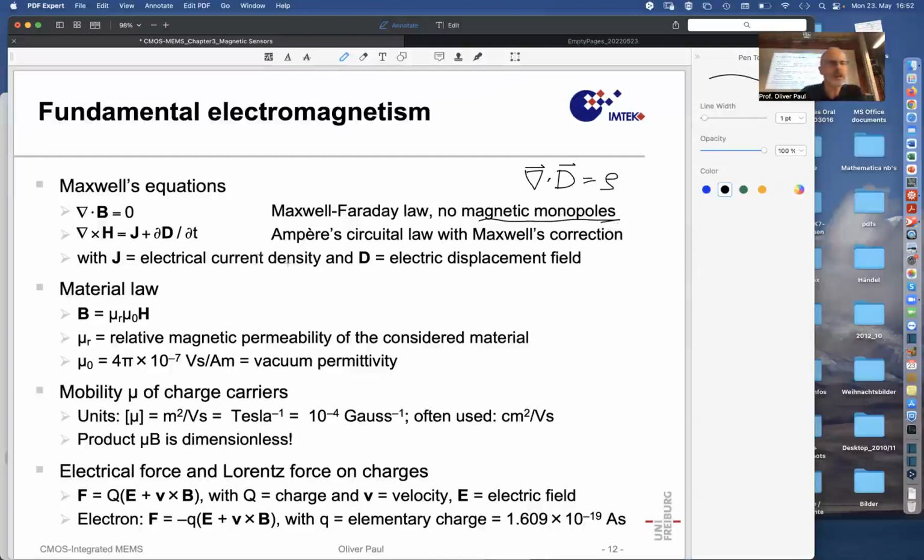And then this H has the property that its rotation is equal to the current density, the true current density, the electron or hole or whatever current density, true charges.